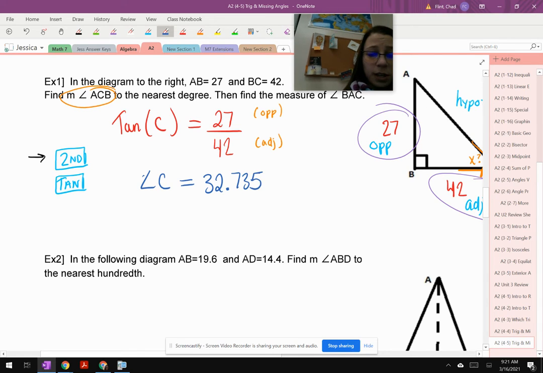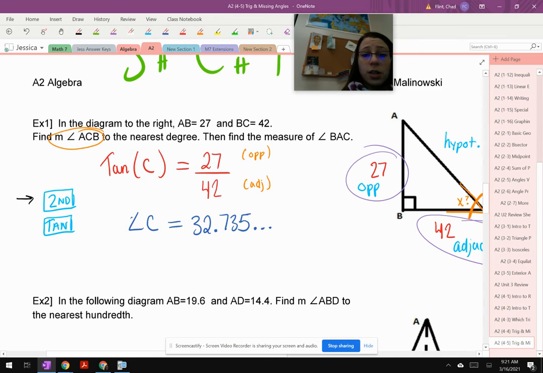I think that's what it said. I might have switched it up. Nope, 735. Again, dot, dot, dot to show it keeps going. And then I can round that. It asked to the nearest degree, which would be nearest whole number. That's what that means.